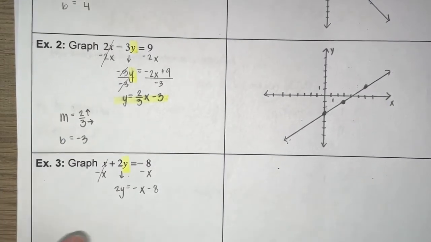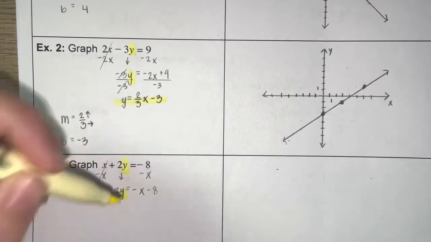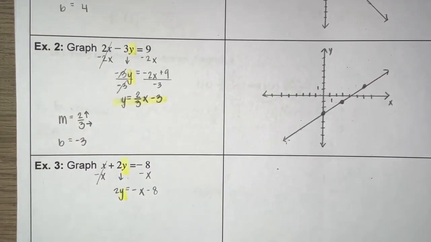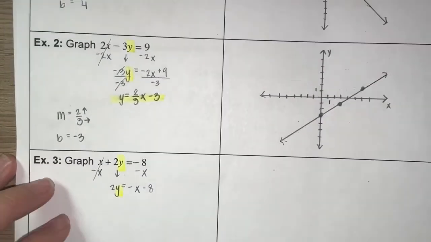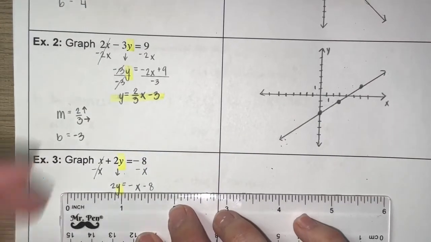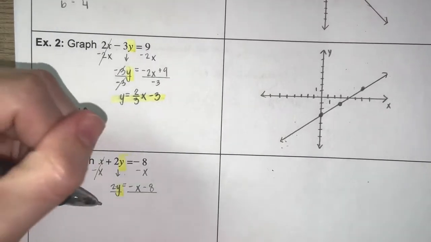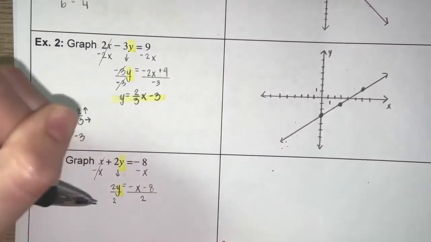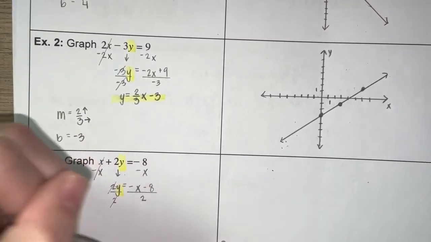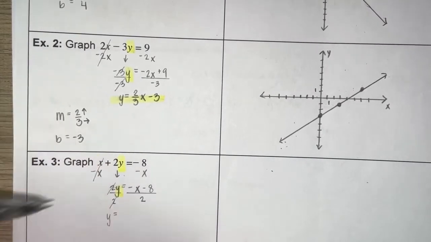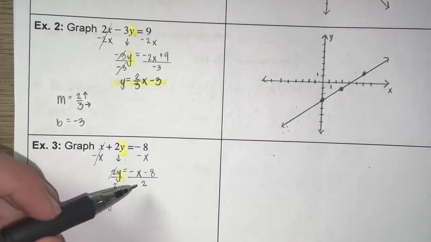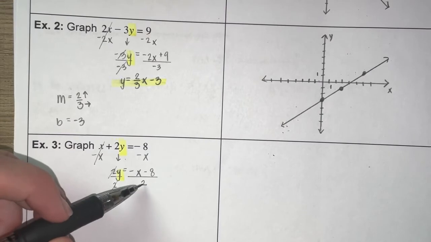And then from there, I have 2 multiplied by y. So to get y completely by itself, I'm going to have to divide both sides by 2. So dividing by 2 cancels out multiplying by 2, and I'm just left with y on the left. And then now we need to divide both of these terms by 2.